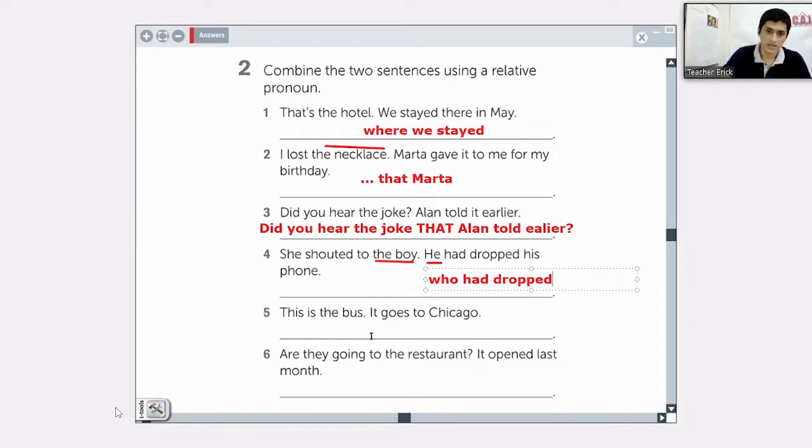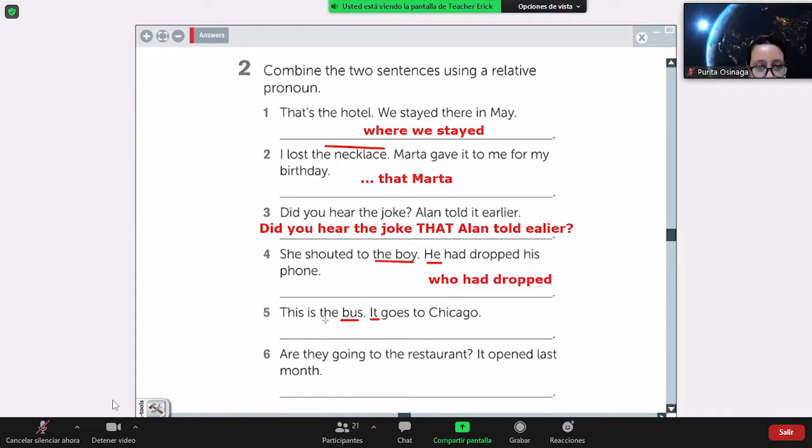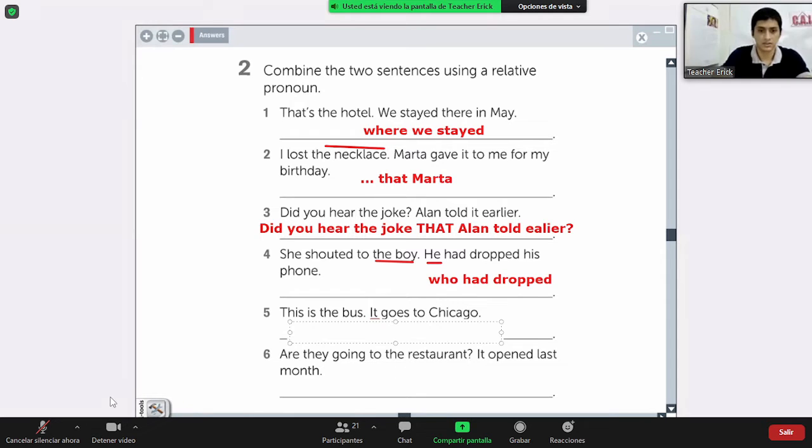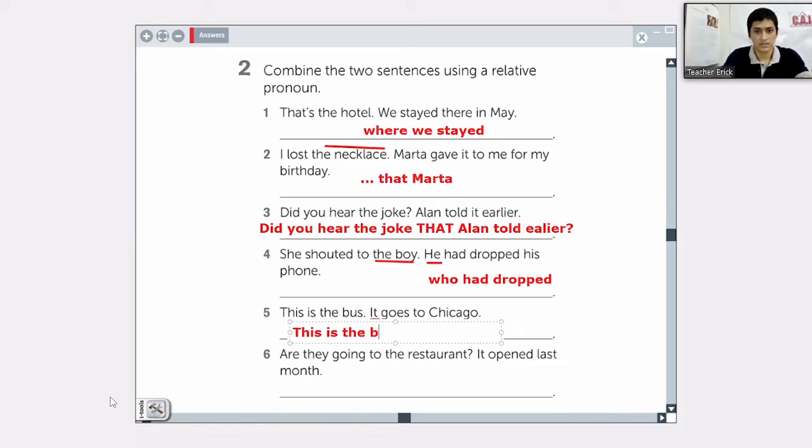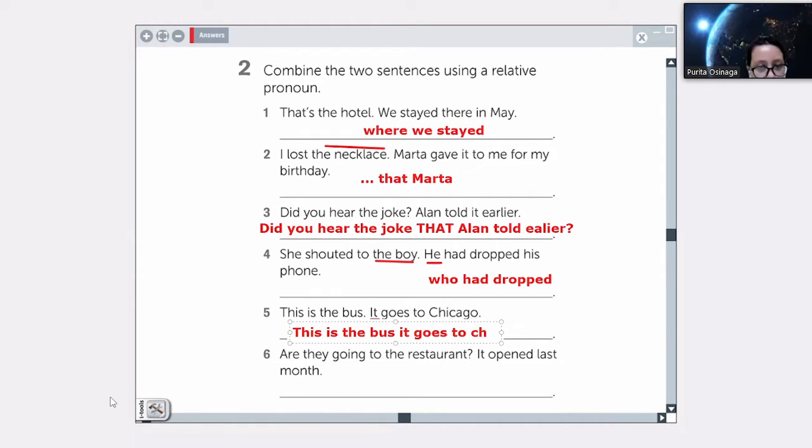This is the bus. It goes to Chicago. Yes. Can you repeat, please? This is the bus that goes to Chicago.